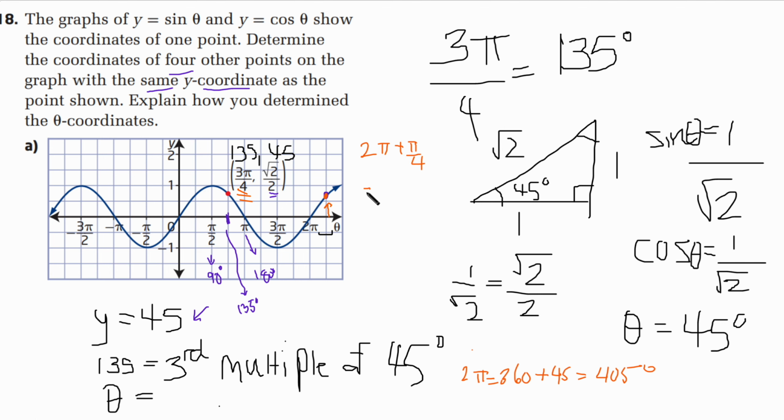What would it be? It would be 9 pi over 4. So the second coordinate that we have, according to our labeling, would be at 9 pi over 4 and square root of 2 over 2, because that's not changing. Good so far?